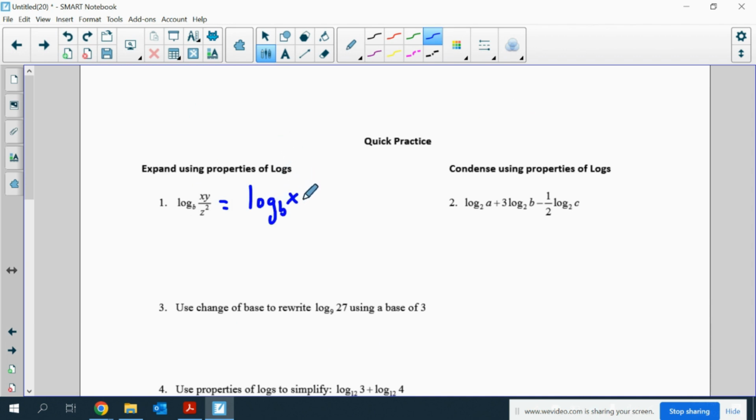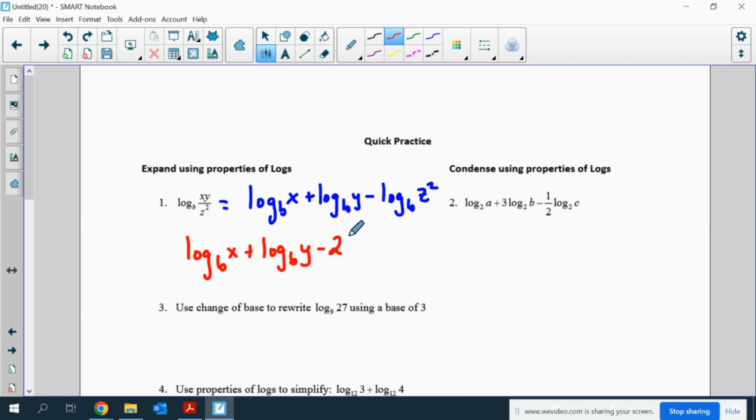So log base b of x plus log base b of y minus log base b of z squared. And I can expand it even further because this 2 can move out to the front. So my final answer would be log base b of x plus log base b of y minus 2 log base b of z.